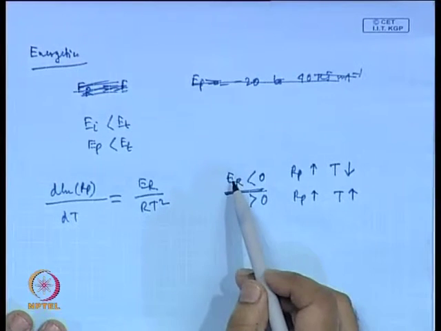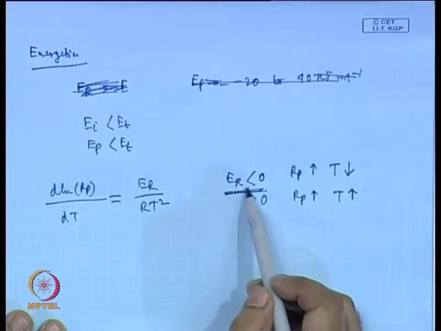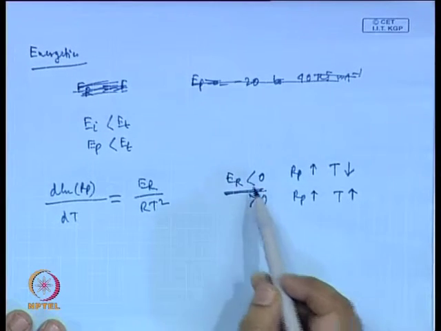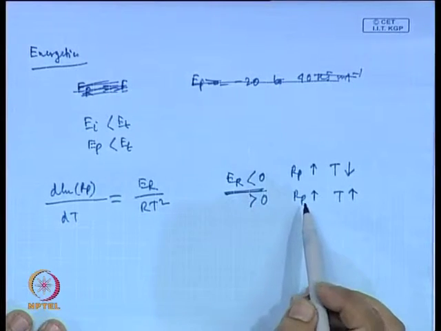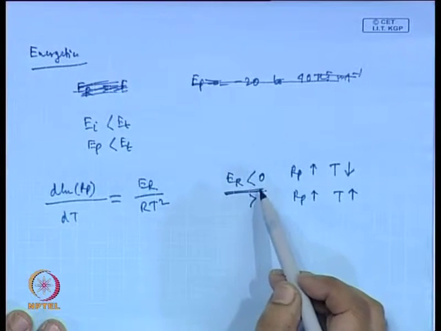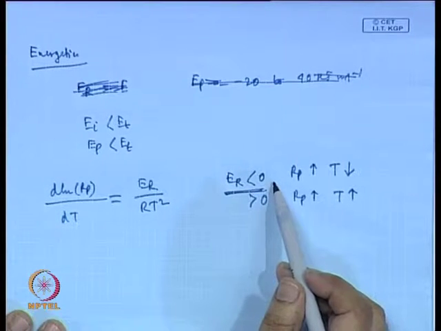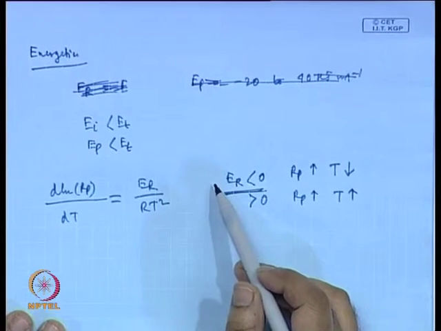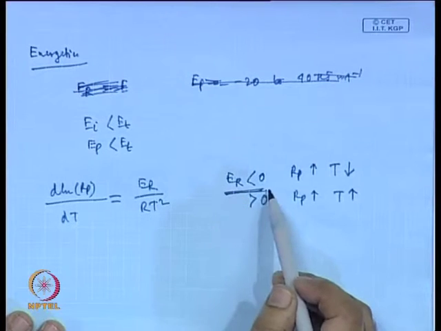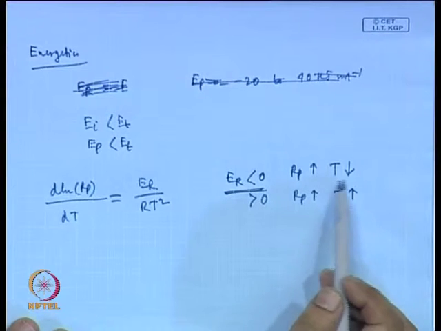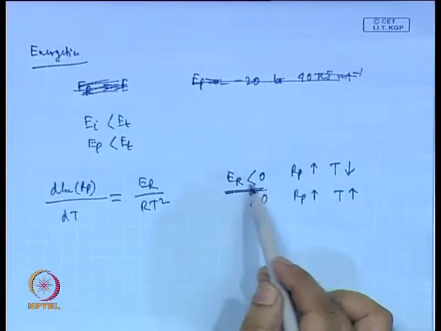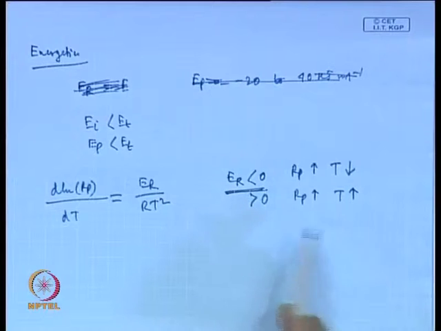The overall activation energy in cationic chain polymerization could be negative because it is a combination of the activation energies for initiation, propagation and termination reactions, and if the activation energy for termination is higher than the combination of activation energy of initiation plus propagation, then it would become negative. So, the rate increases as the temperature decreases. If it is positive, then the rate of reaction increases with the temperature.